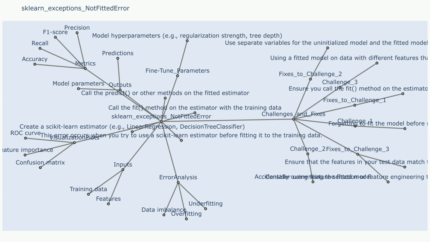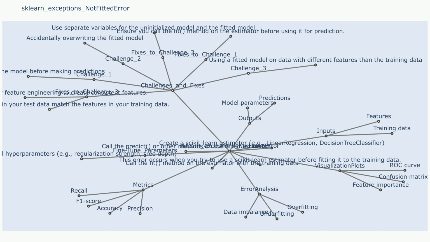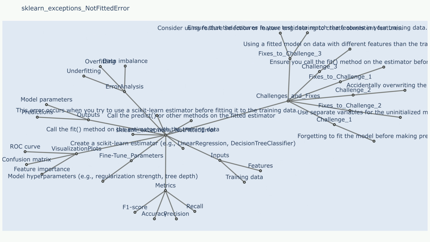Inputs. Training data. This is the data used to train the estimator. It typically contains both input features and corresponding target values for supervised learning. Estimator. The SKLearn model you want to train, such as logistic regression, decision tree classifier, or standard scaler. Outputs.